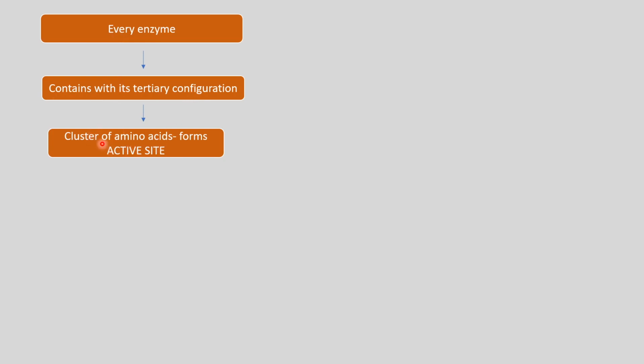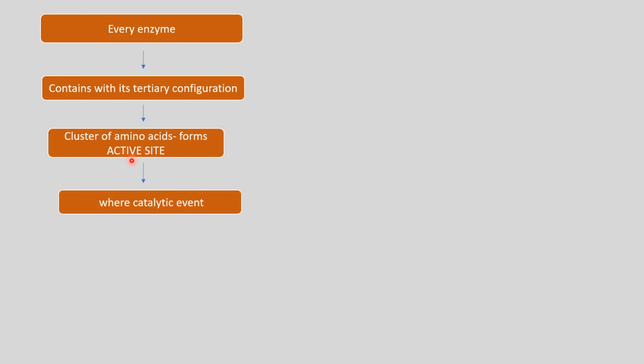Since enzymes are proteins, they are made up of amino acids, and therefore at the active site of the enzyme a cluster of amino acids is present, and these amino acids make the active site of the enzyme.